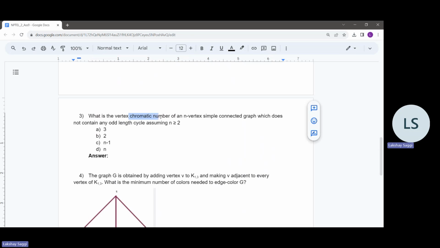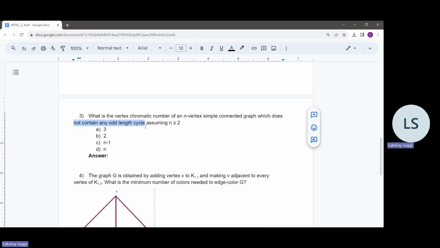So we know from the lectures what the vertex chromatic number is. The vertex chromatic number is the minimum possible number of colors with which we can color the vertices such that no two adjacent vertices have the same color. So we need to find the vertex chromatic number of an n vertex graph, where n is greater than or equal to 2, such that the graph does not contain any odd length cycle.